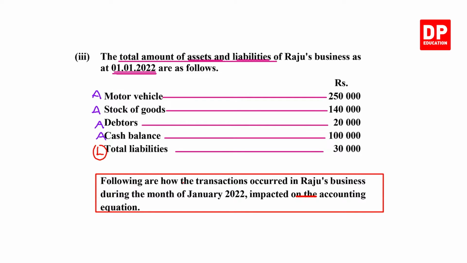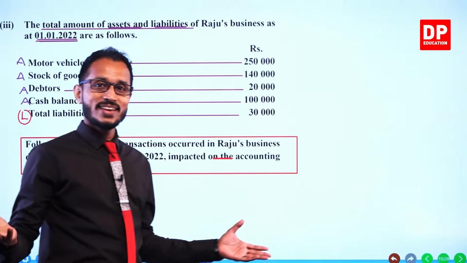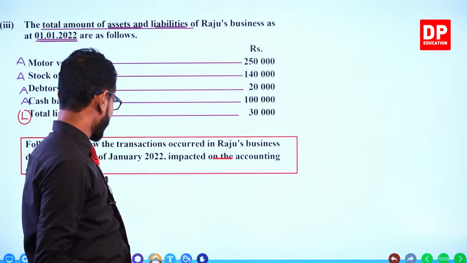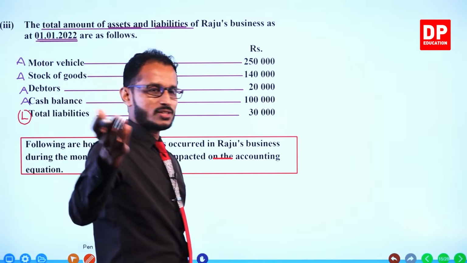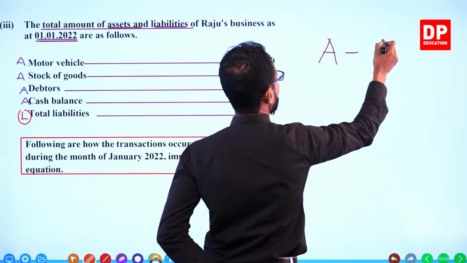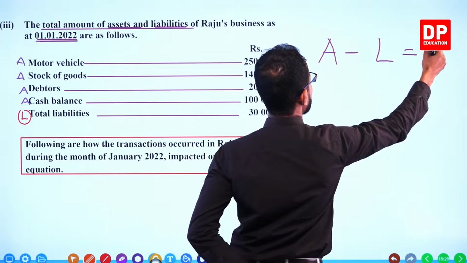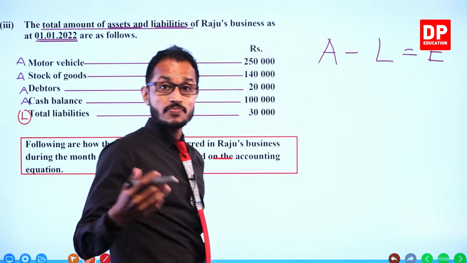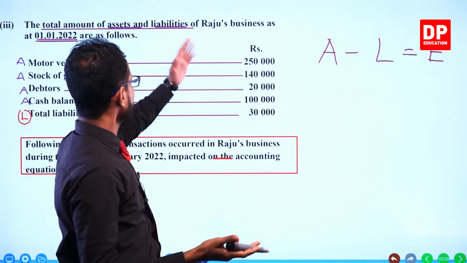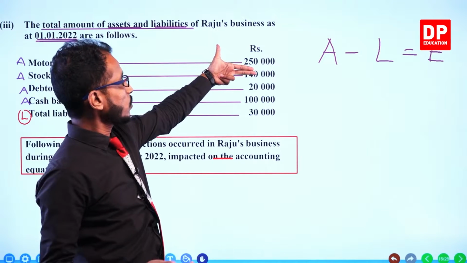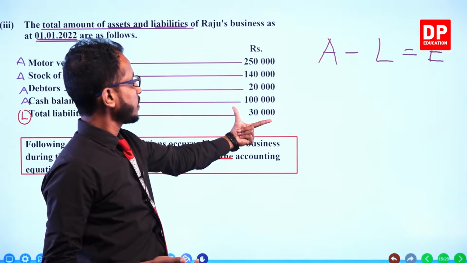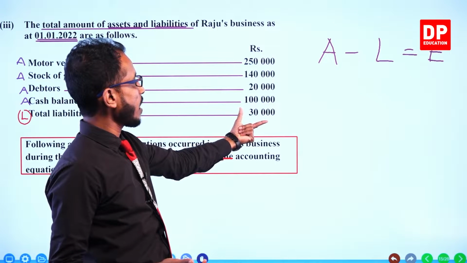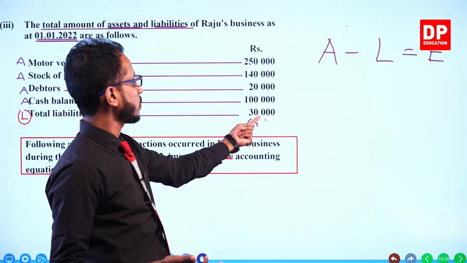How to calculate equity? Why am I asking these questions? You know, that's right. Assets minus liabilities equals equity. So get the total assets and subtract the liability, which is here.